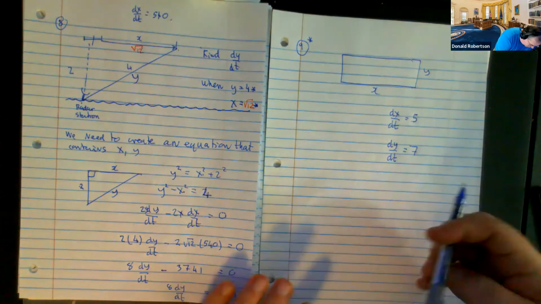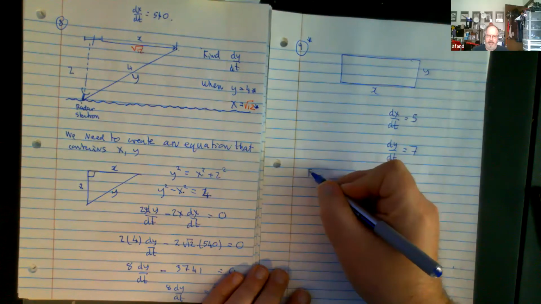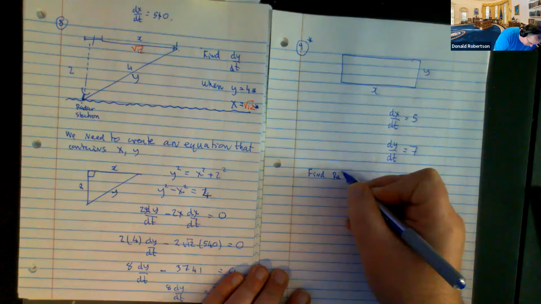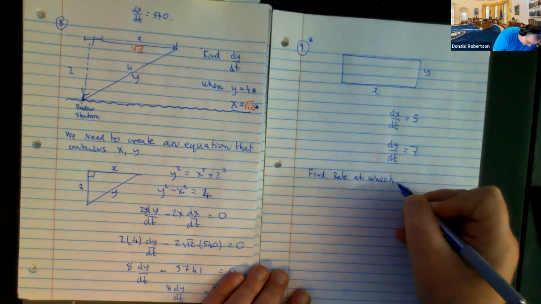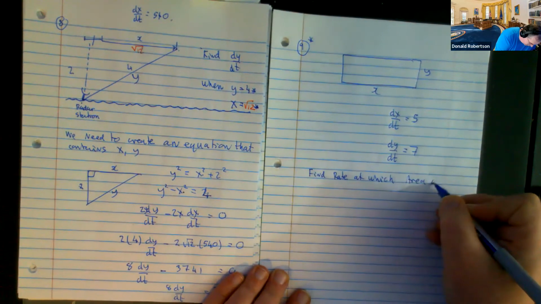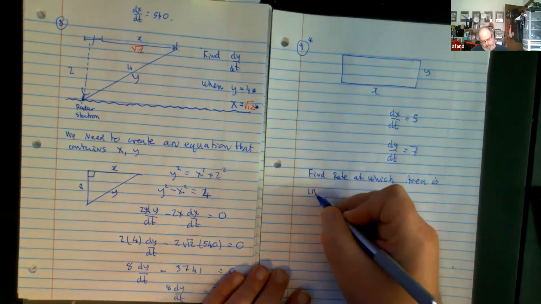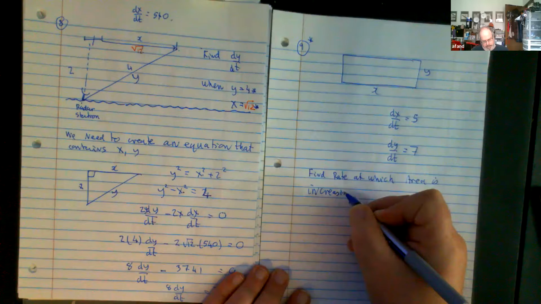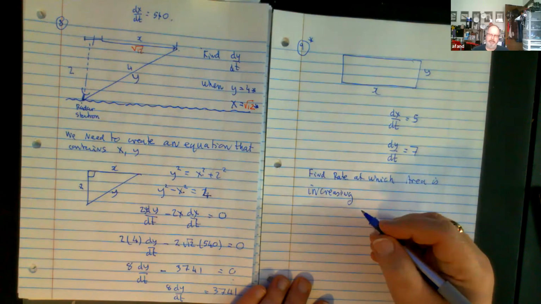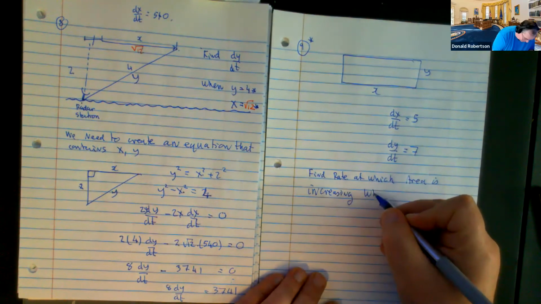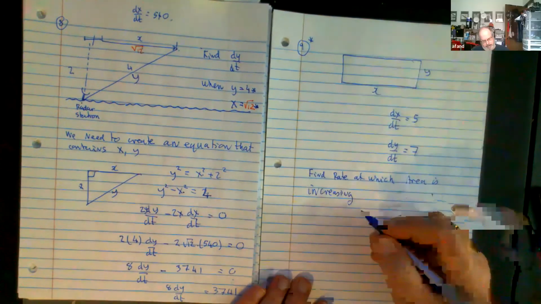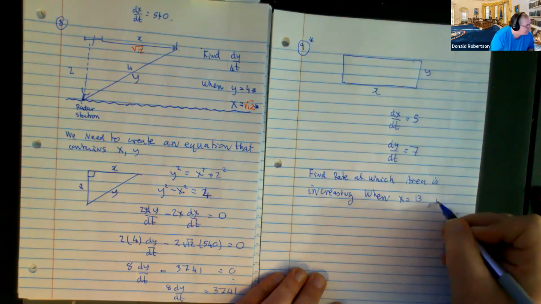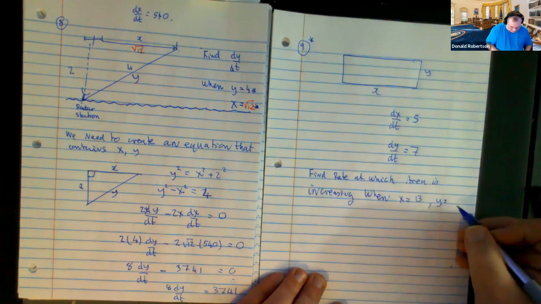And they asked us to find the rate at which the area is increasing when the length, which is X, is equal to 13 centimeters, and the width, which is Y, is at 4 centimeters.